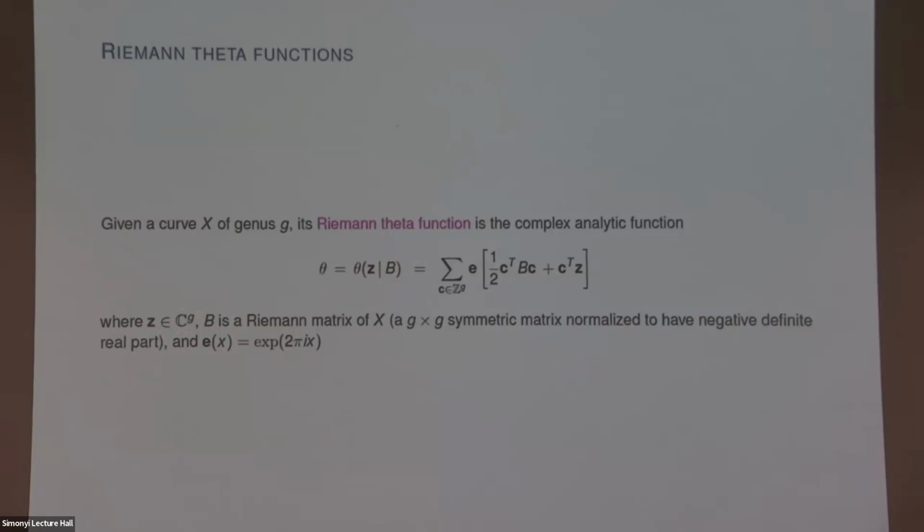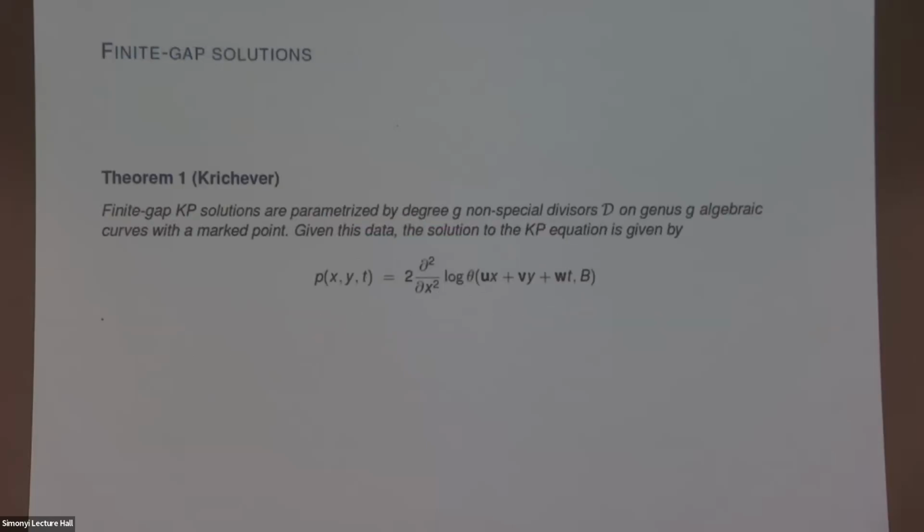And I don't have time to go into more detail about that, but the important thing here is that this is a function that depends on a matrix, and once you fix the matrix, you get an infinite sum of exponentials ranging over the entire integer lattice of dimension g. Okay, and so Krichever showed that finite gap solutions to the KP equation come from theta functions.